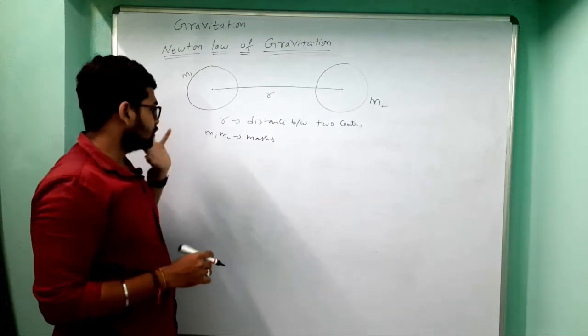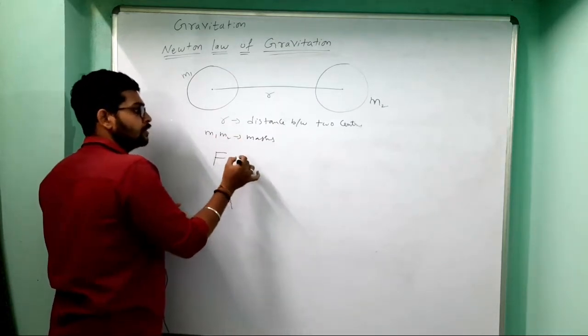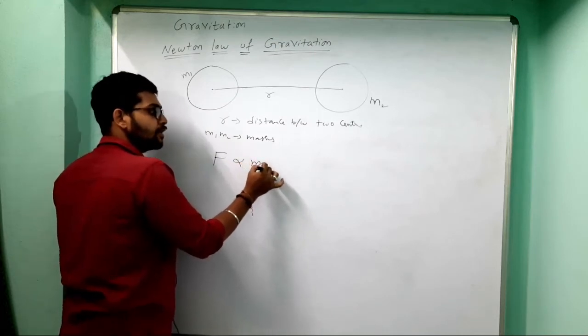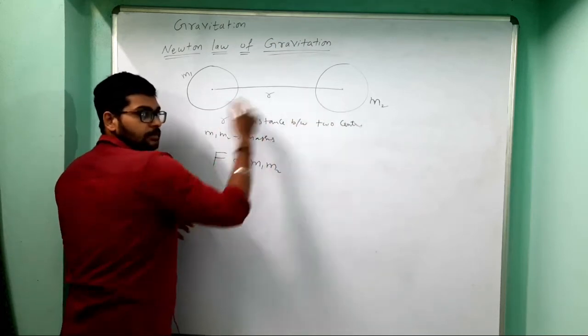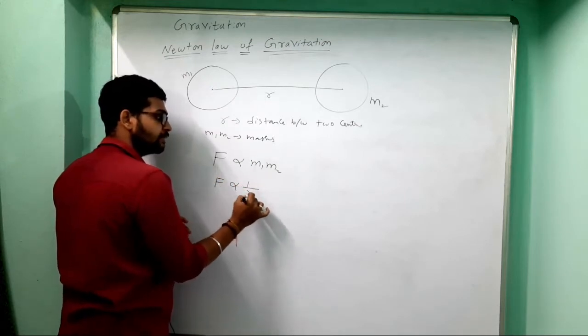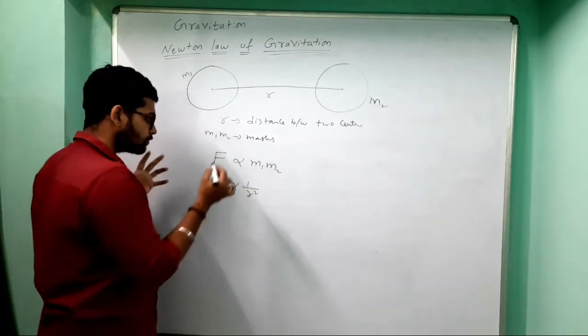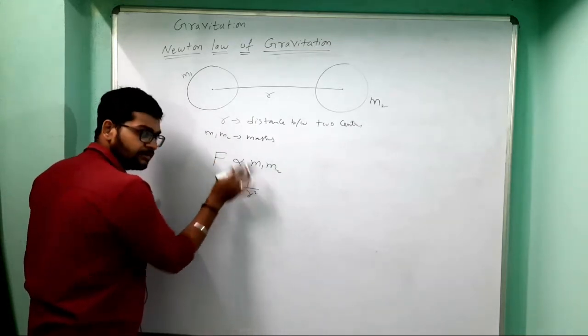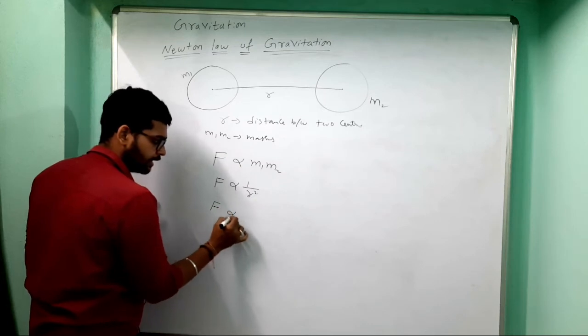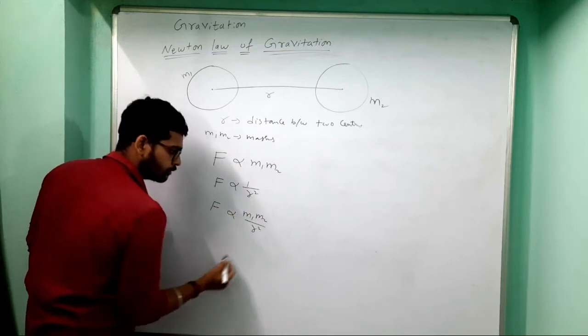So now I am writing the force. The force is proportional to the product of the masses, and inversely proportional to the square of the distance between them, where the distance is r. Combined, I can write m1 m2 by r square.